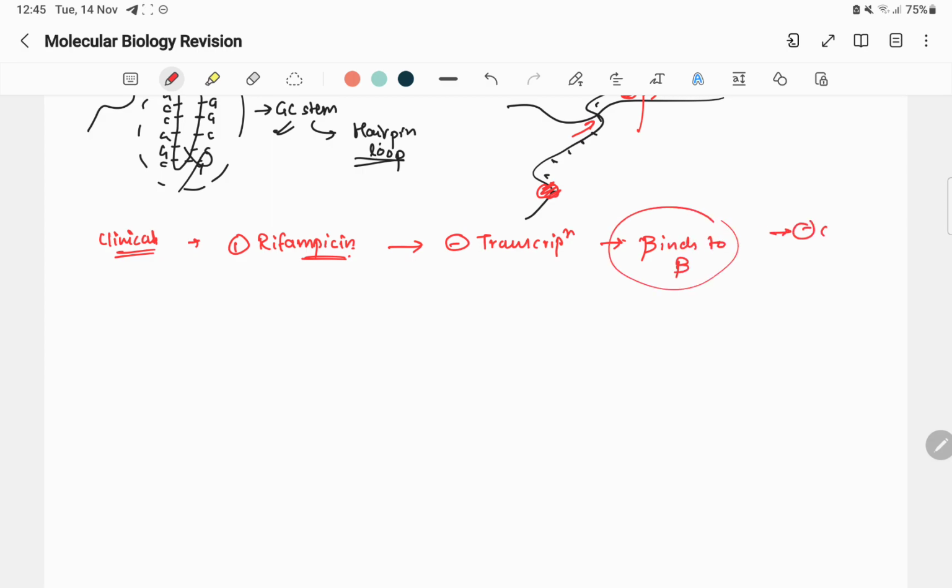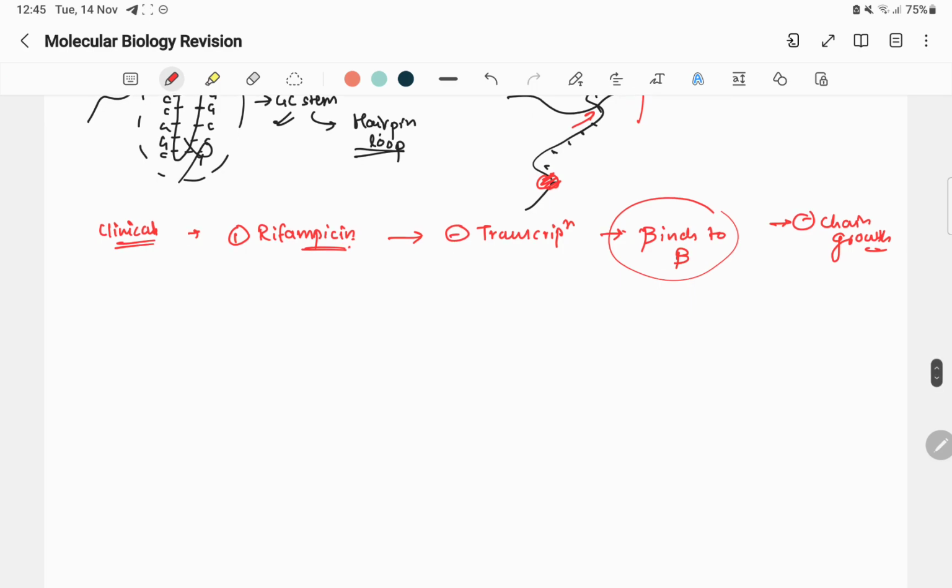This terminates chain growth, because beta has polymerase activity, so it is blocking the polymerase activity. Rifampicin is an anti-tubercular drug, and it is also helpful in leprosy. It is bactericidal for Mycobacterium leprae as well as Mycobacterium tuberculosis.